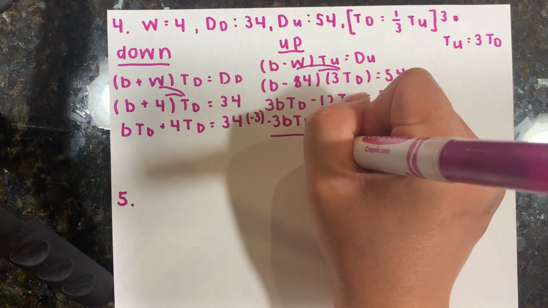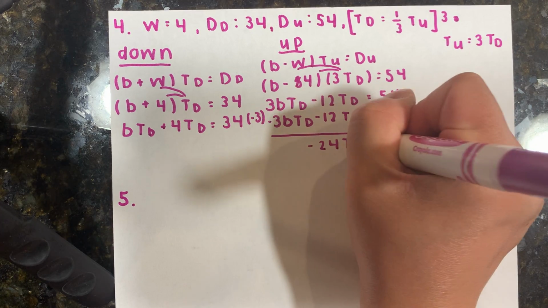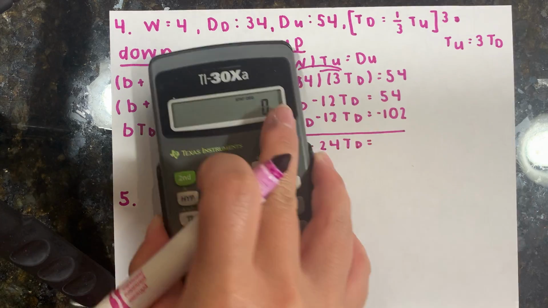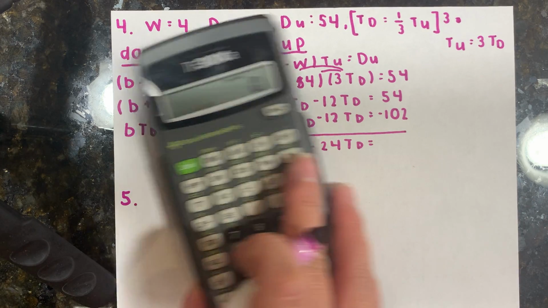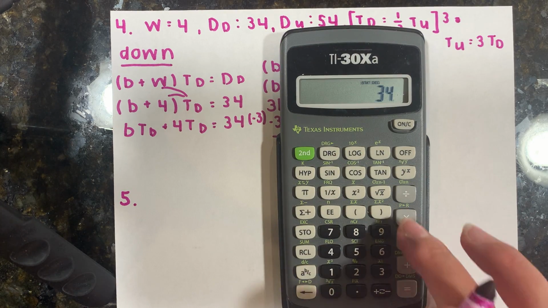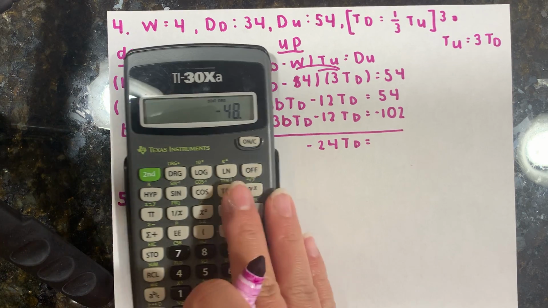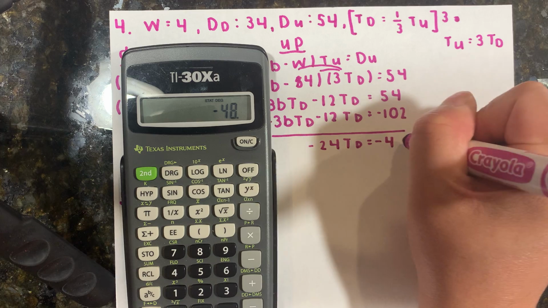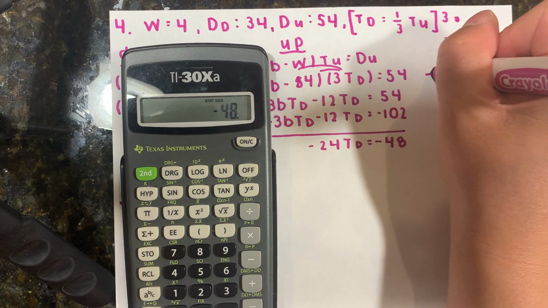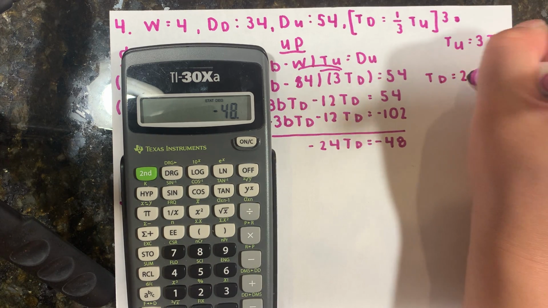So that'd be -24 TD equals -102 plus 54, so that'd be -48, which means that TD is equal to 2.